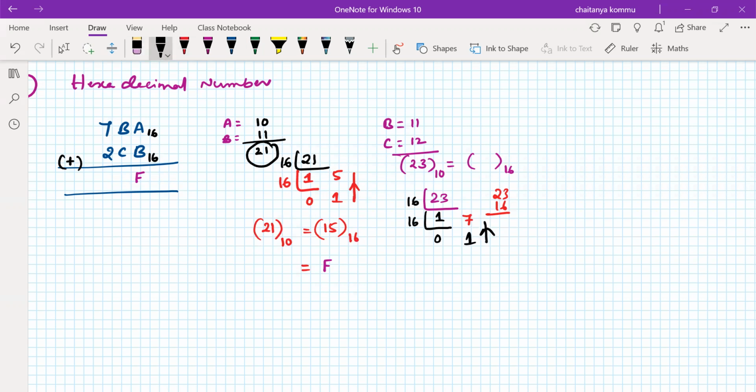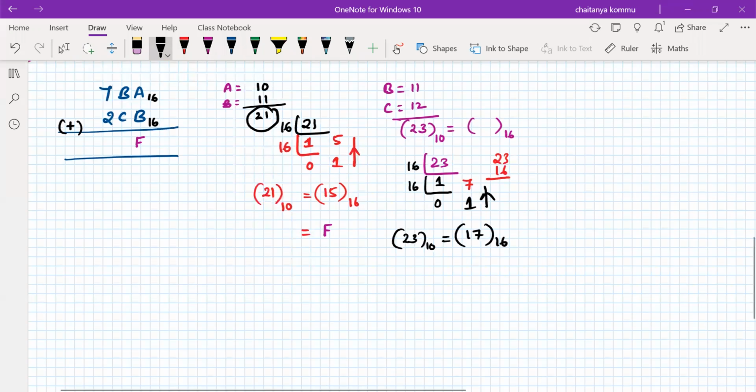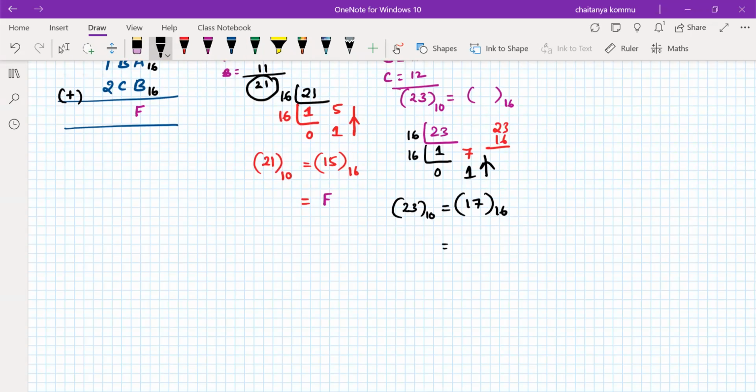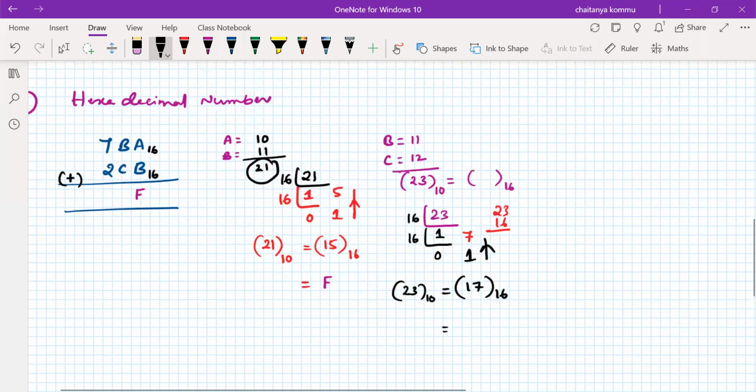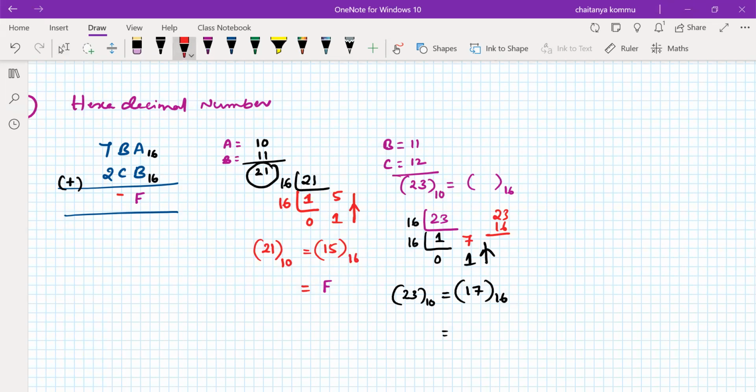So we have to do it here. Therefore, 23 of base 10 is converted into 17 in base 16. That means 17 will be the number that we have. So what we have to do here is keep 7 here as the sum signal, and this is the carry signal. So we move the carry forward like this, and we have to add 7 to 10. 10 means here.